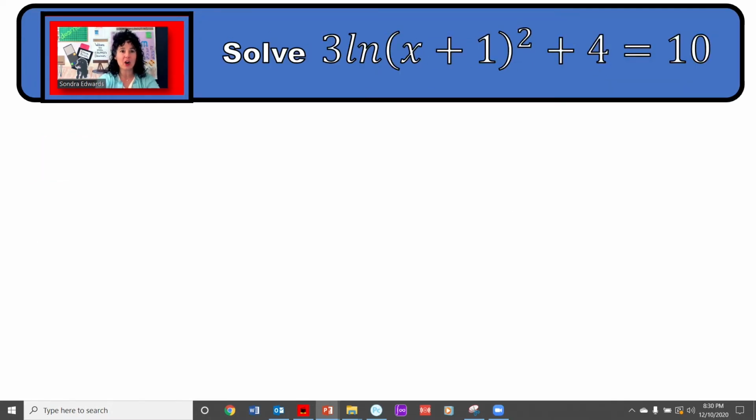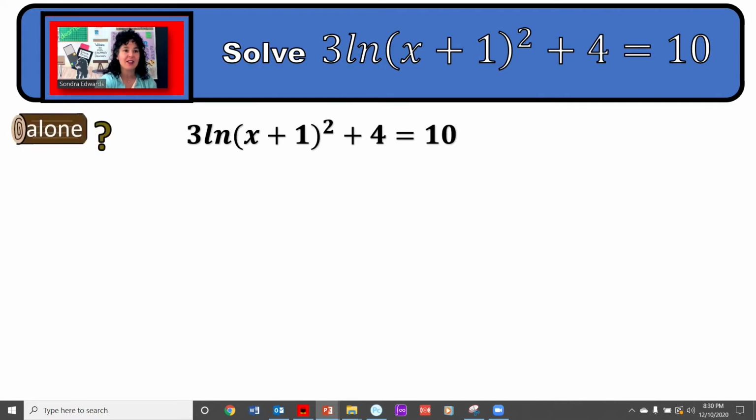All right, here we go. Let's do another one. We have a little bit more complicated one, but let's keep in mind when we want to solve, step 1, get your enemy alone. Get the logarithm alone. So is this logarithm alone? No, we do not have one log by itself.